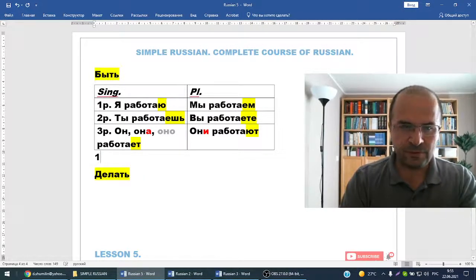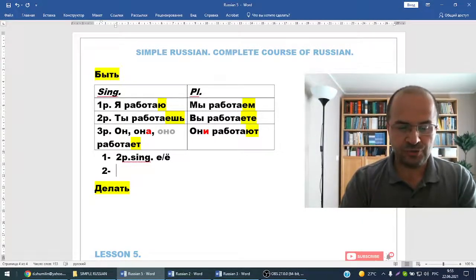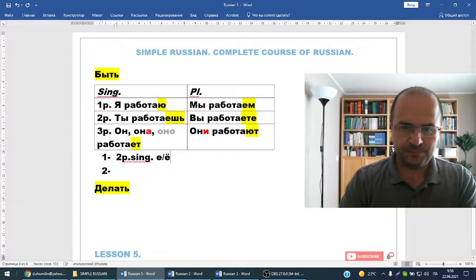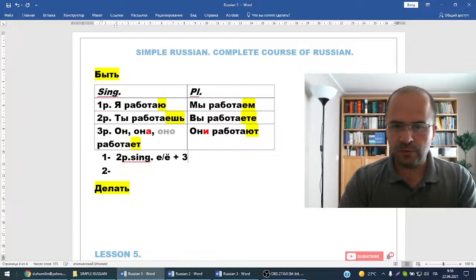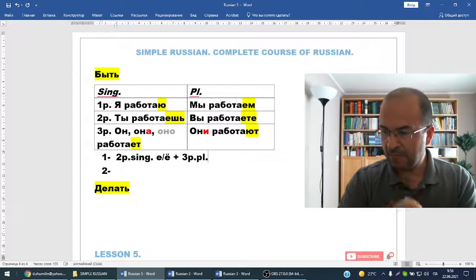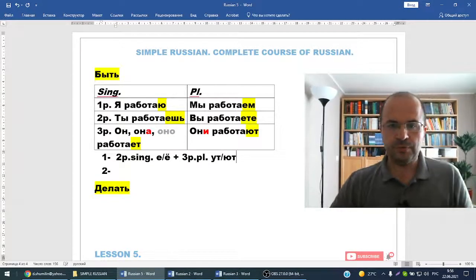So first conjugation, in the second person singular, you have е or ё. Second conjugation, okay, and in the third person plural you have ут or ют.